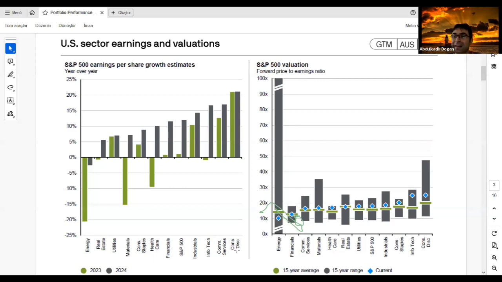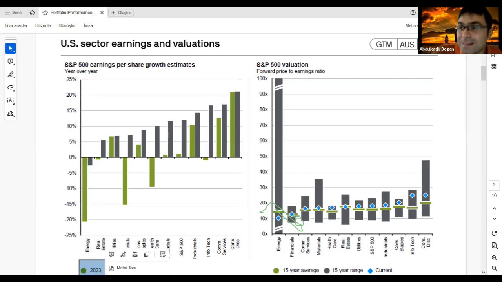What can I understand from this big picture? This big picture shows me that this green line represents the 2023 earnings per share, and the black line shows me the 2024 earnings per share, the EPS ratio.